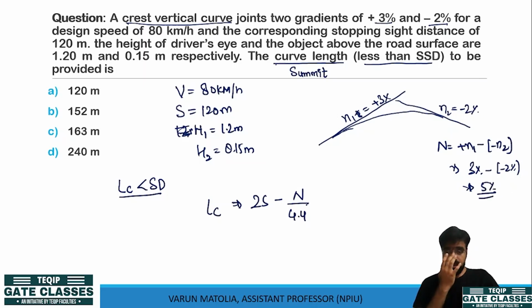The S value is given as 120. So we can write it as 2 times 120 minus 4.4 divided by N, where N is 5%, that is 5 divided by 100. Let us calculate what we have here.